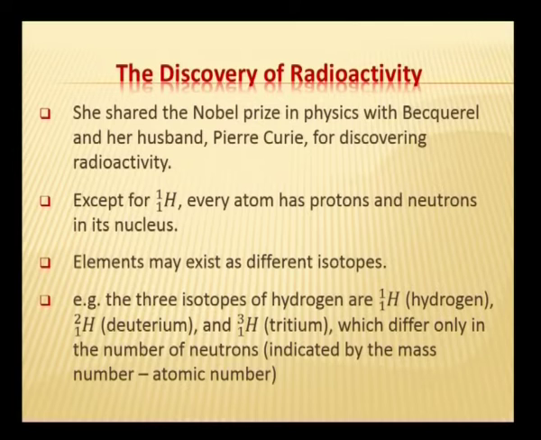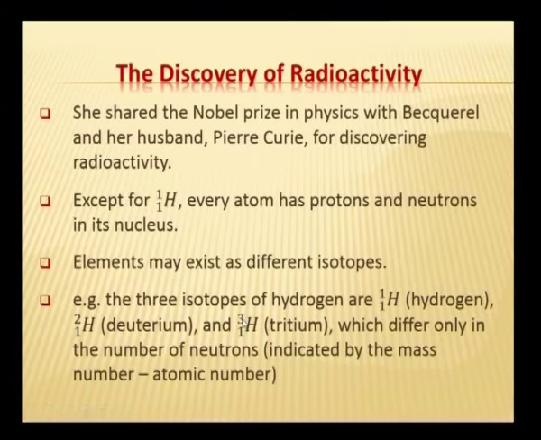If the mass number is 3, you have H here, hydrogen, and the atomic number is 1 here, right? Atomic number 1 means 1 negative charge, so there will be only 1 positive charge, that will be 1 proton. So, tritium contains 3 masses, meaning there will be 1 proton and 2 neutrons. Here there will be 1 proton and 1 neutron, okay, which differ only in the number of neutrons, indicated by the mass number.